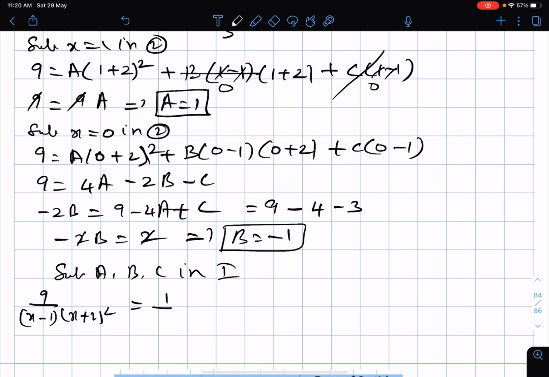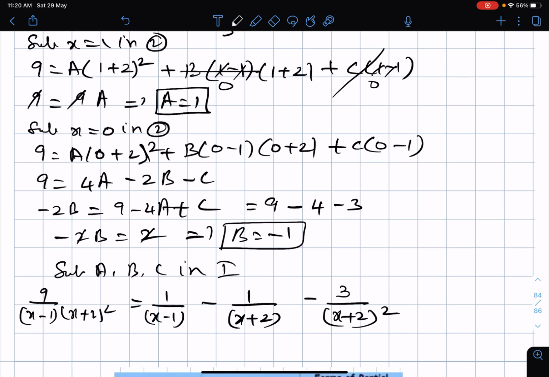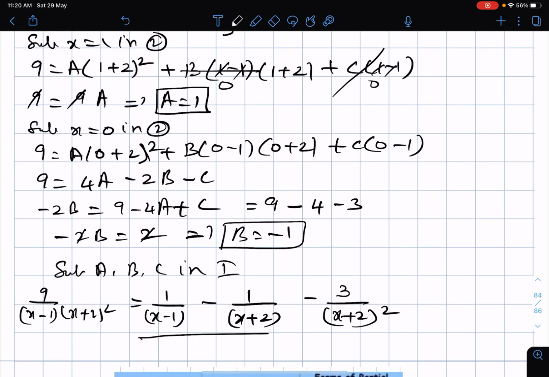So 1 by (x minus 1) plus, b is minus 1, so you can write it as minus 1 by (x plus 2). Then c is minus 3, so minus 3 by (x plus 2) the whole square. So this is going to be our answer. a is 1, b is minus 1, and c is minus 3. So this is our final answer. We have resolved into partial fractions. Thank you.